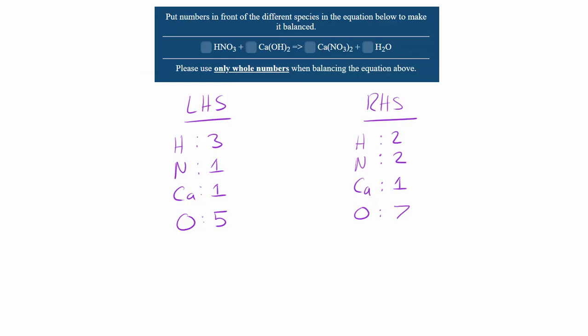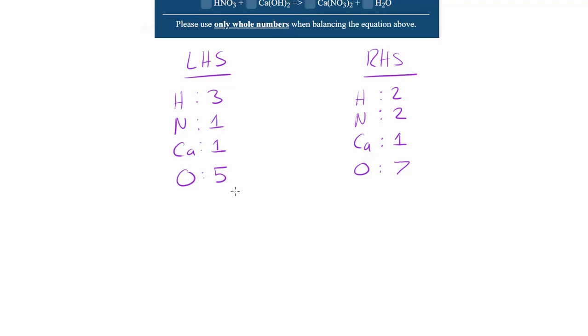We've got more on the right hand side than on the left hand side, so I'm going to focus on increasing the nitrogens on the left hand side to be on par with the number of nitrogens on the right hand side. The only species where we have nitrogens on the left hand side is HNO₃, so I'm just going to put a 2 in front of the nitric acid.